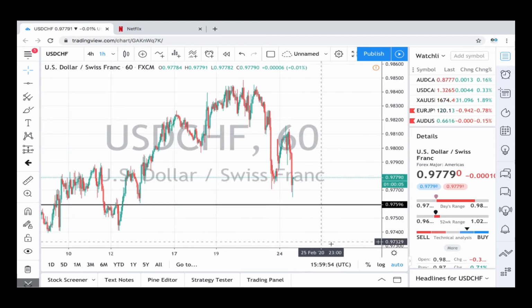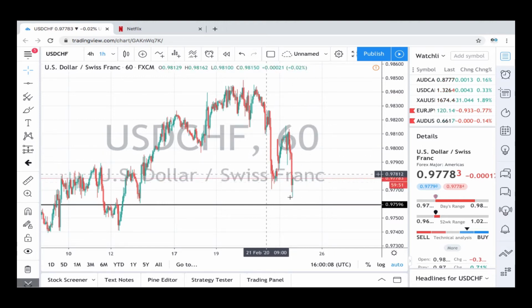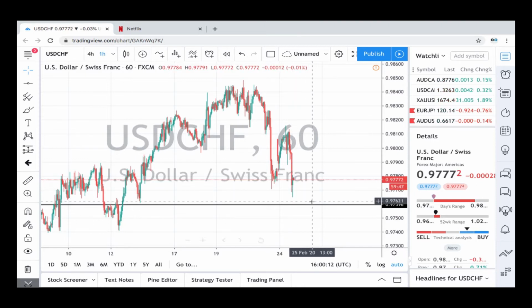That's where your buy limit order comes in handy. When price hits this level, your buy order will be executed and then your buy will start running. So it's just a reversal order. When price hits this level, it will be executed and then goes up.